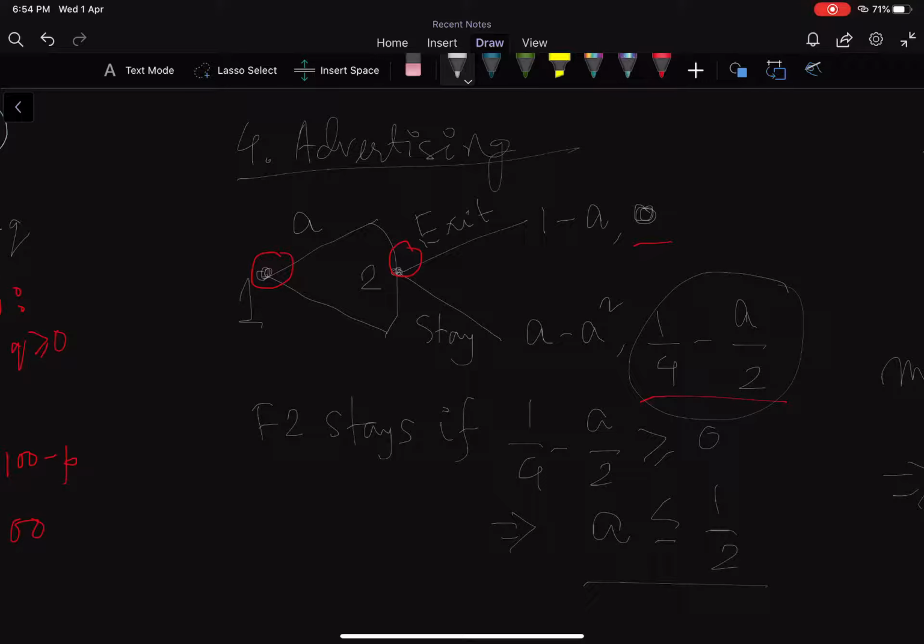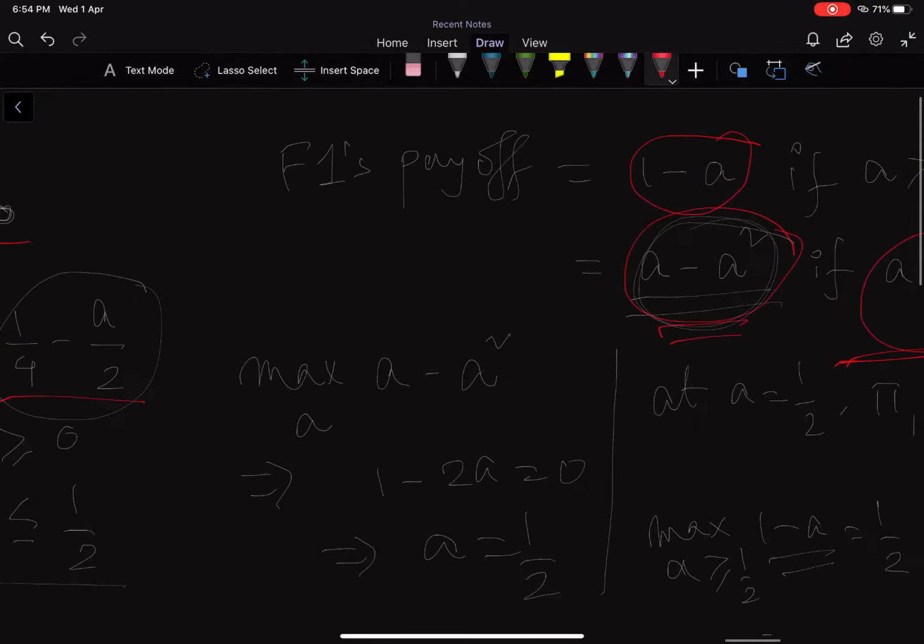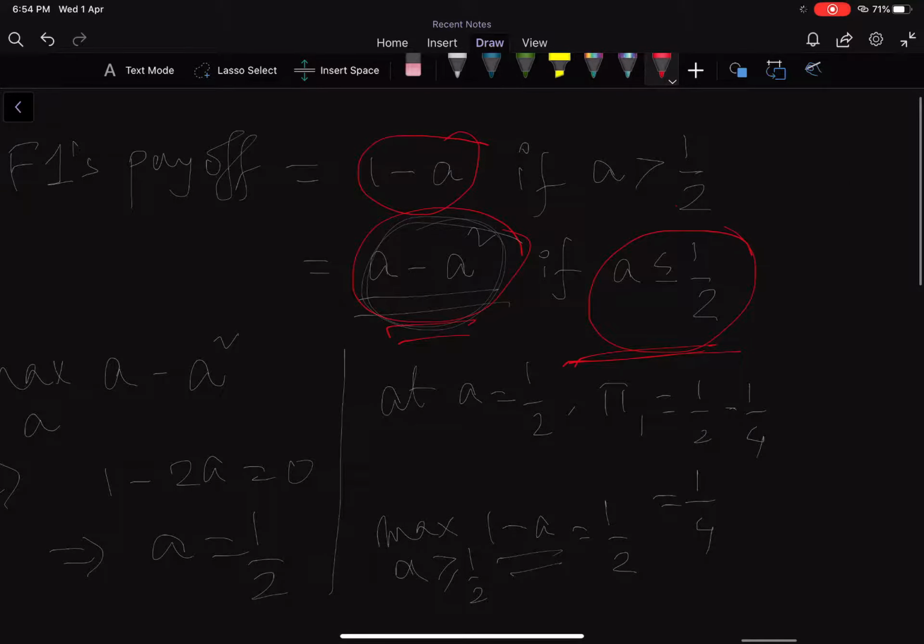So we can have a subgame perfect Nash equilibrium where player 2 chooses to exit for A equal to half, in which case player 1 would choose A equal to half, and his payoff will be half, which is bigger than the maximum payoff he can get in the A less than half range.